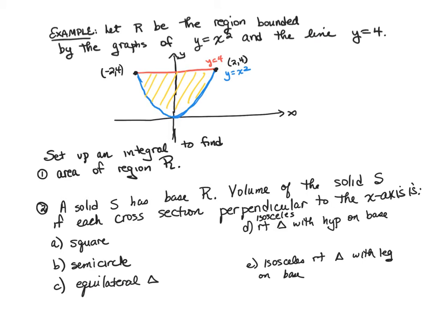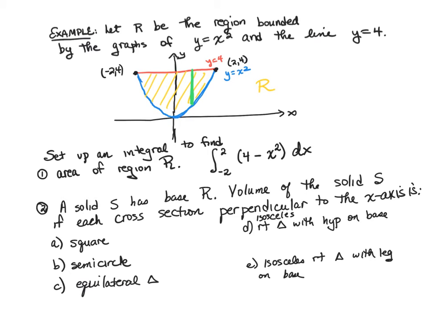This is region R. All right, so to get the area, we use vertical rectangles. And the formula would be the definite integral from x equals negative 2 to 2 of the top curve, y equals 4, minus the bottom curve, y equals x squared, dx.